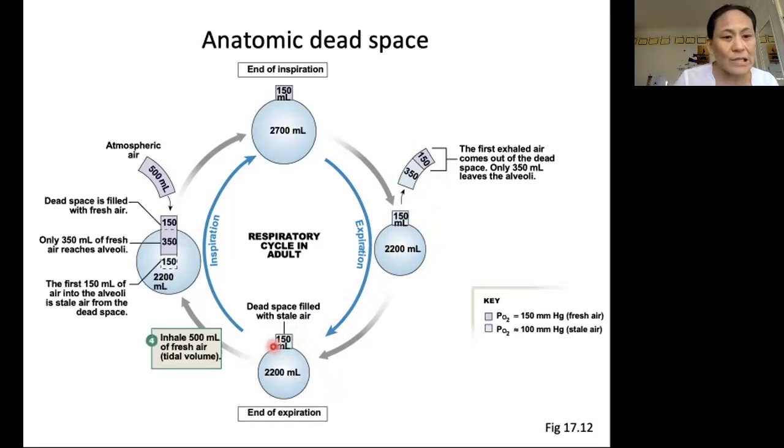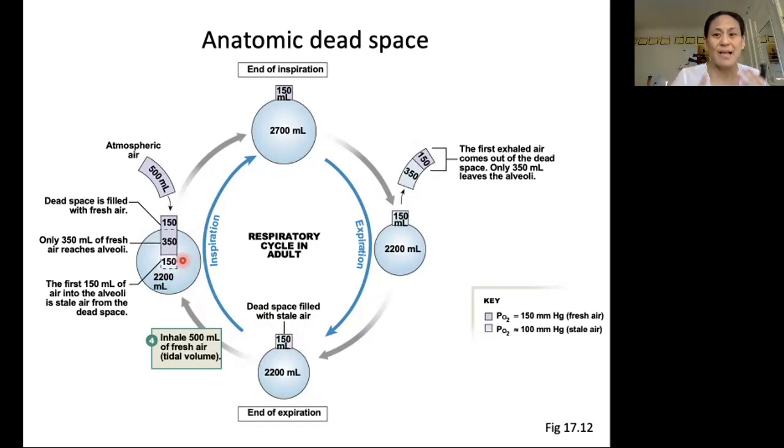And then finally, let's imagine what happens when we breathe in after that. The first 150 milliliters of what we breathe in is going to be that stale air that was already in the airways. This is air that has already participated in gas exchange, so we're breathing that in, but we're not going to be able to make any use of it because it's already used.